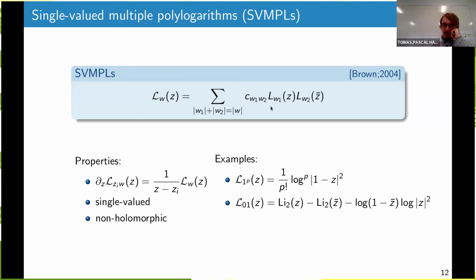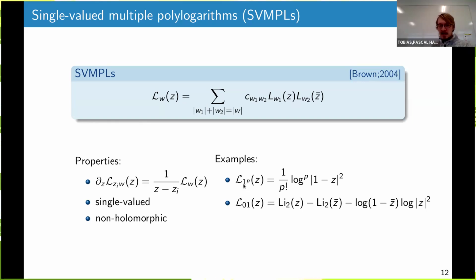The transcendental weight is preserved in the sum, and the coefficients C are fixed by demanding that they satisfy the same holomorphic differential relation as the usual multiple polylogs, and that they are single-valued. These two assumptions fix all the coefficients, and you get these non-holomorphic single-valued functions.